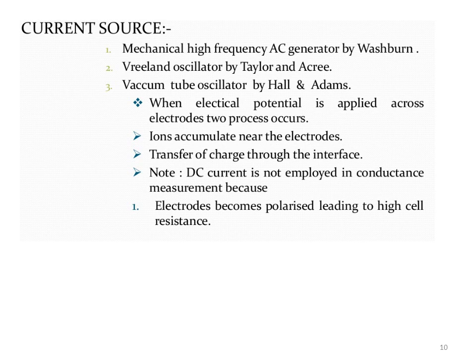Note that DC current is not employed in conductance measurement because electrodes become polarized, leading to high cell resistance. DC current is unidirectional current.